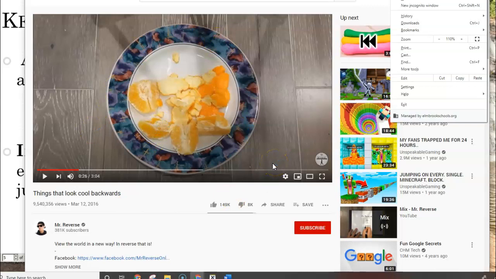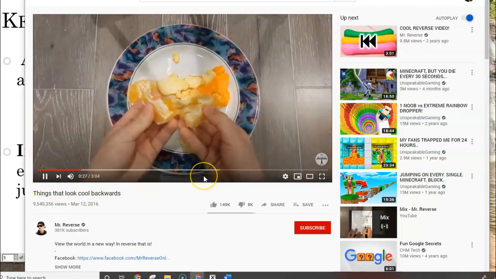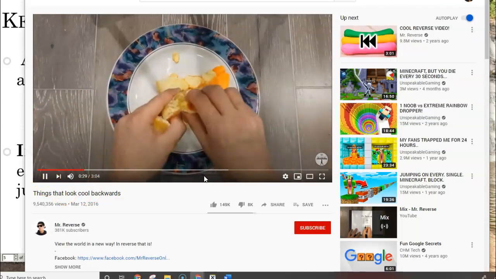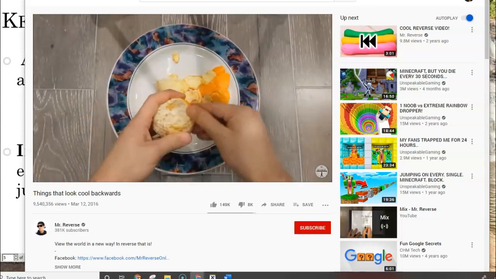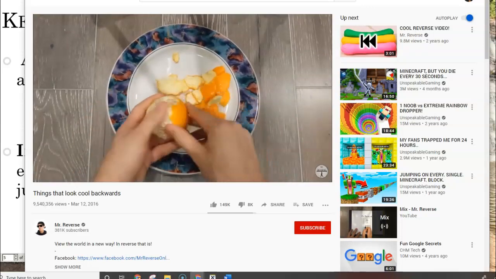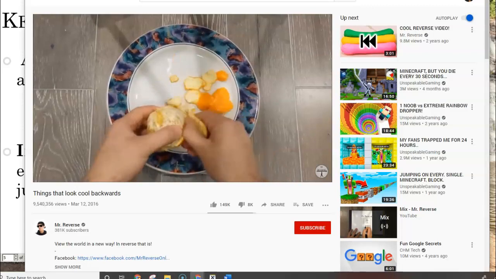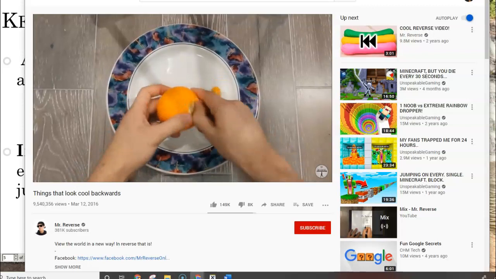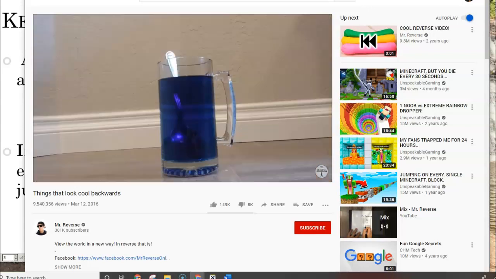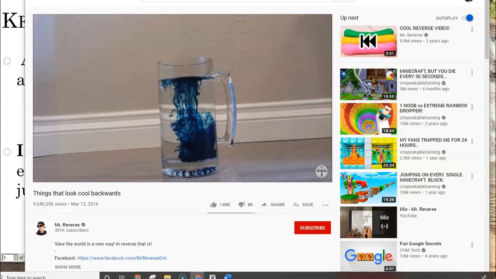But just to give you a visual, here are some videos of things that are in reverse, right? So if you're peeling an orange, what would be the reverse of that? What would be the inverse of that? Well, not possible to do in real life, but the video kind of shows it. There'd be the inverse. So all these videos that you're seeing on YouTube all over, you can see the inverses in action.